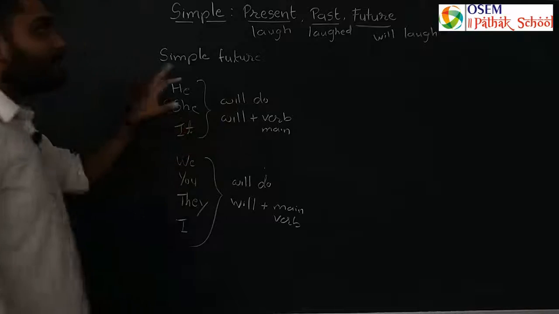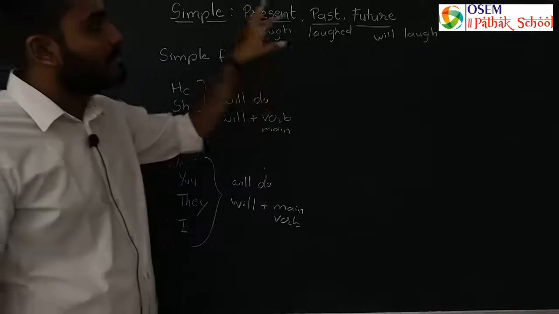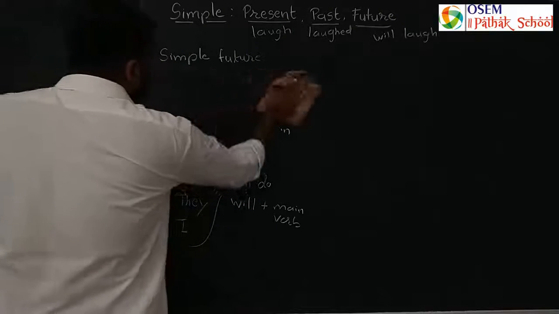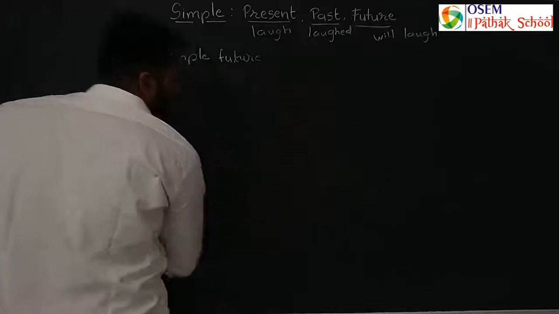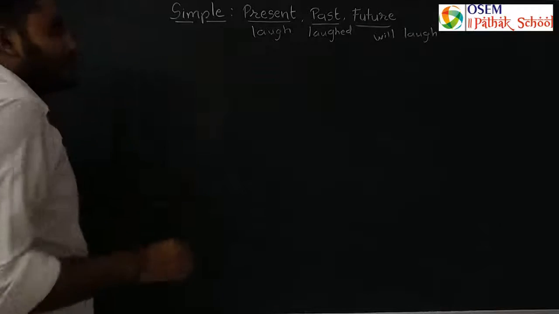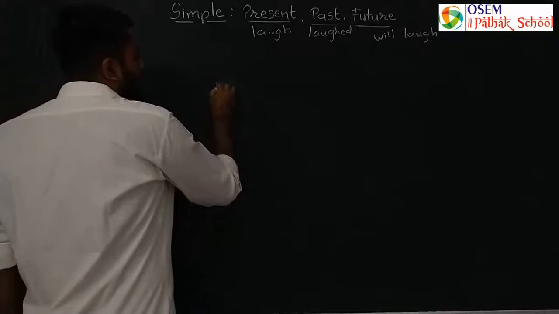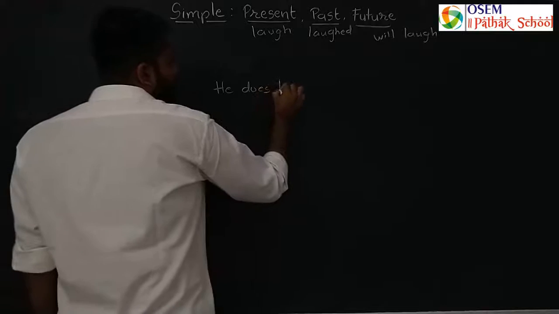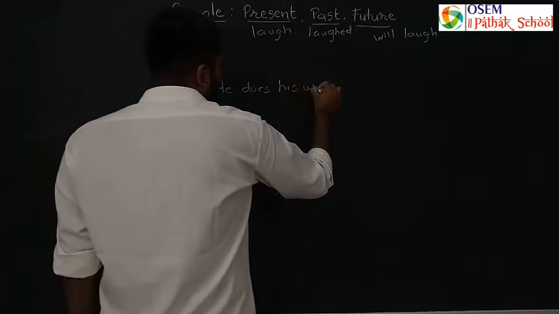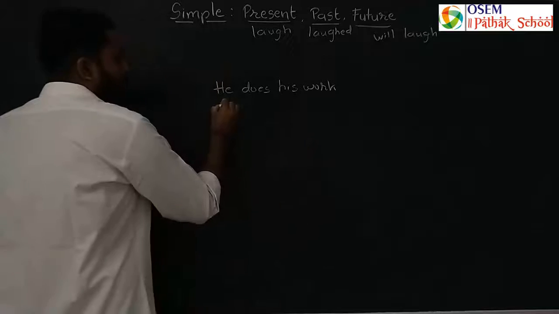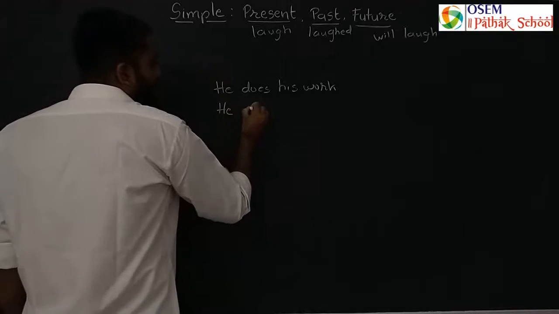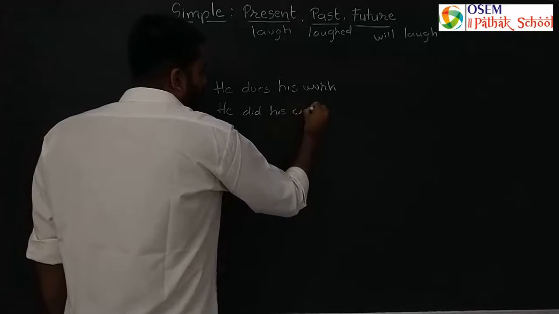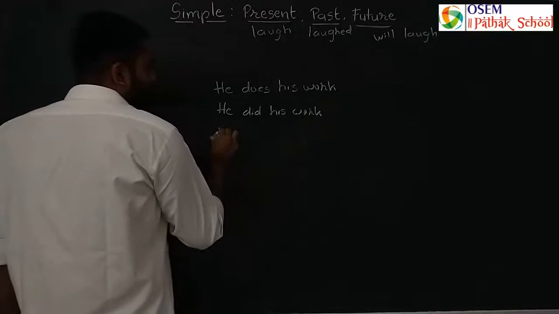Now you all know about simple present tense, simple past tense, and simple future tense. Now, to make it very simple for you, first of all we will do some examples of simple future tense. He does his work. He did his work.